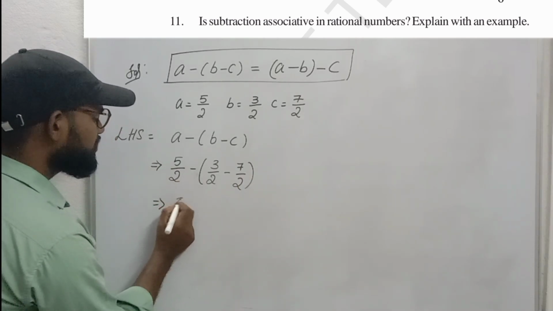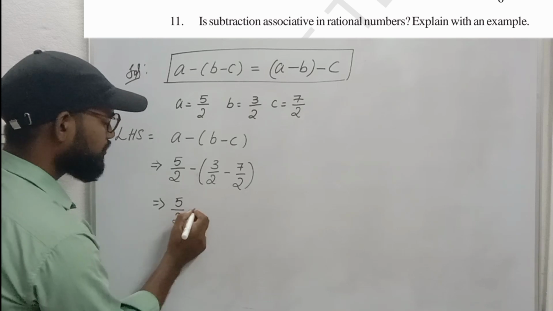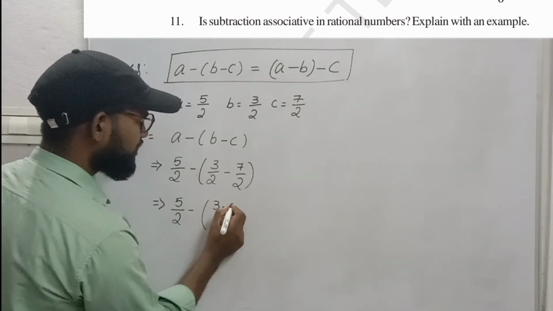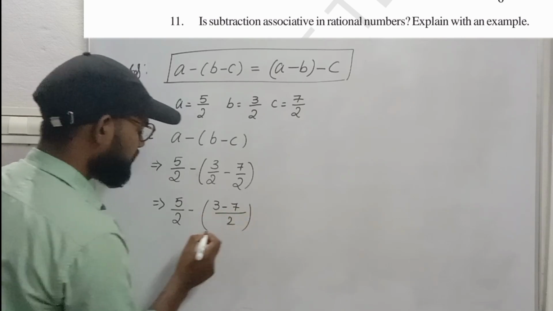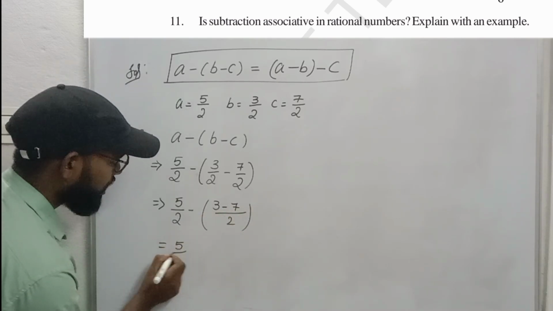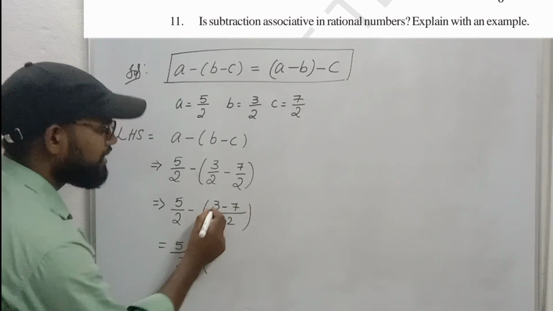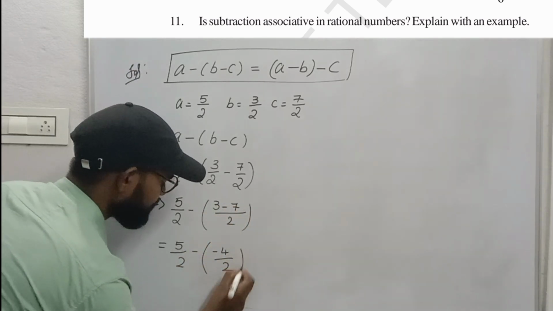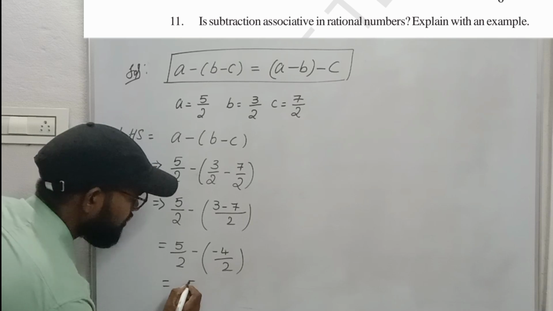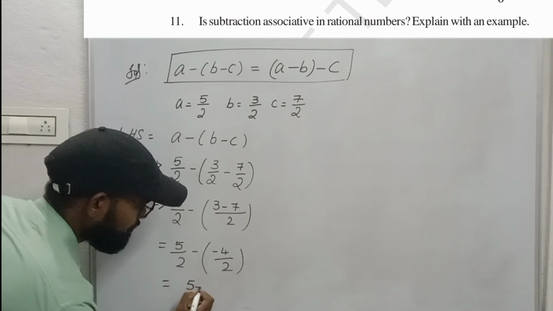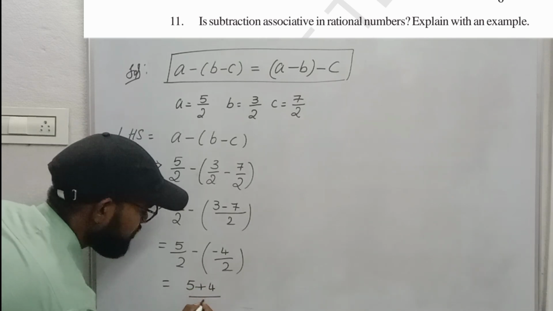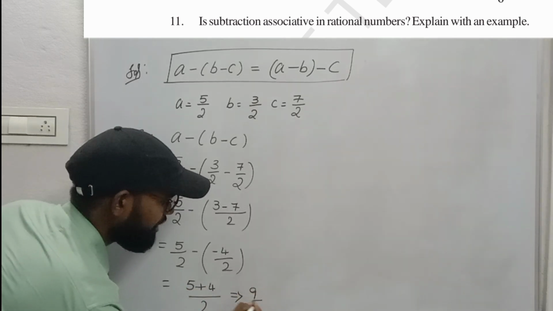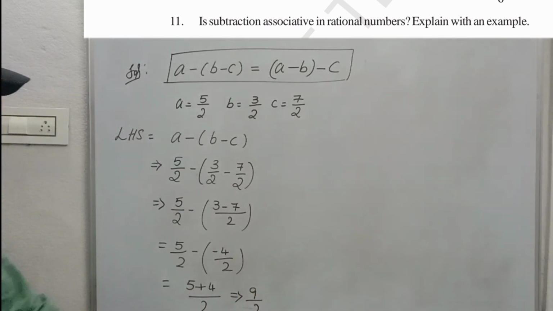According to the BODMAS rule, you have to solve the bracket part first. That is 3 minus 7 by 2. Now 5 by 2 minus, 3 minus 7 is minus 4 by 2, right? So that is 5 plus 4 by 2, which is 9 by 2. The answer is 9 by 2.